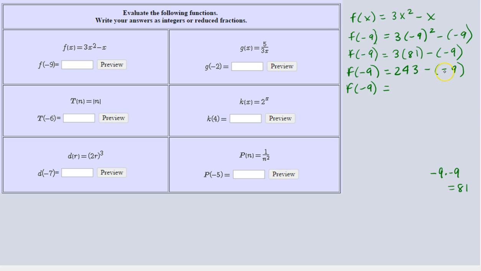So subtracting a negative is the same as adding the opposite. So the opposite of negative 9 is positive 9. So this is equivalent to 243 plus a positive 9, which we'll just write as 9. And that would be 252. So our final result is 252.